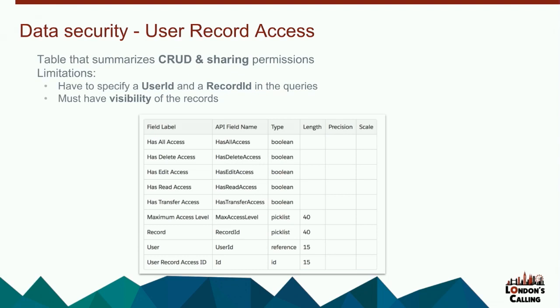But it's a bit limited because you couldn't ask, for example, for all the users who have permissions to this record. You always have to specify a user ID and a record ID. And also, the user that performs the query needs to have visibility over the records. If you are a system administrator, you will be able to query anyone's permissions.